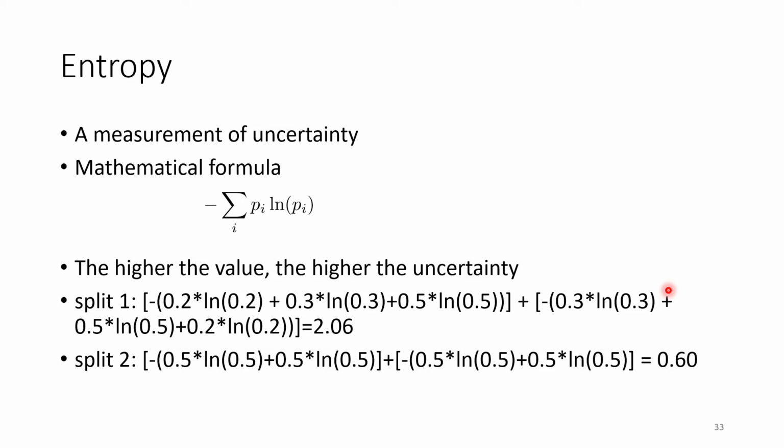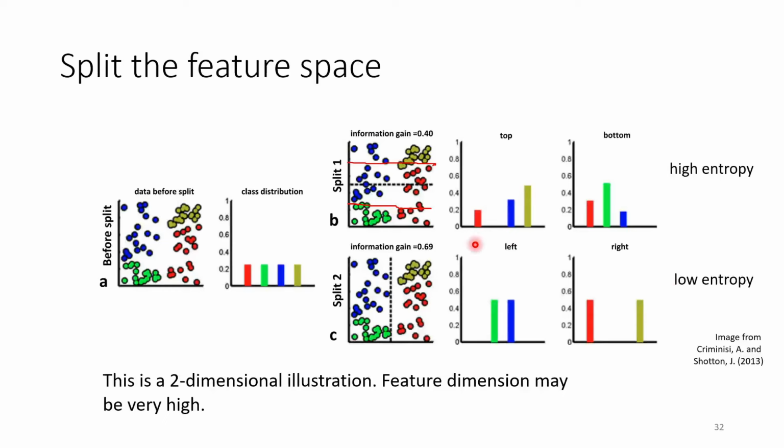In this case, if we use split 1, then this is our result. In the top split, we have possibly 3 classes, and the bottom also has 3 classes. But if we use split 2, then the left part will only have 2 possible cases, and the right also has 2 possible cases.